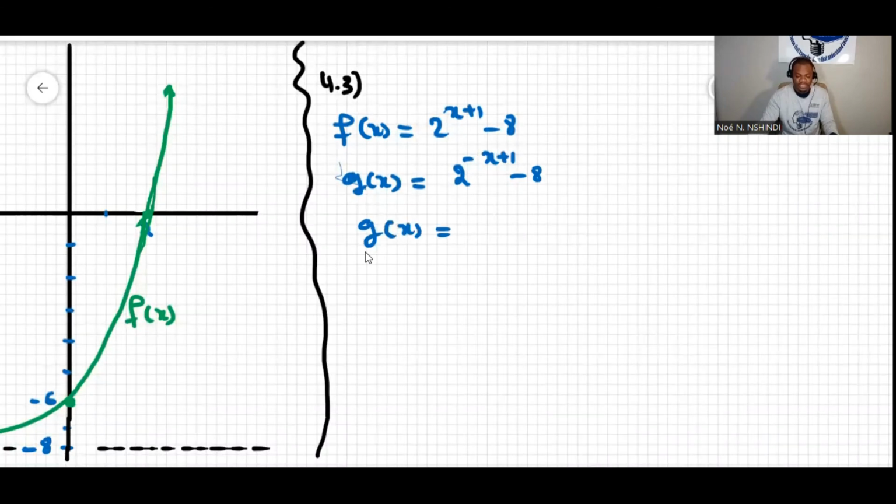This is fine, but we can also write it like this if we want: 1 over 2 to the x minus 1, minus 8. So all this is the same thing. You can write it this way or that way, you can transform it however you want. Okay, thank you.